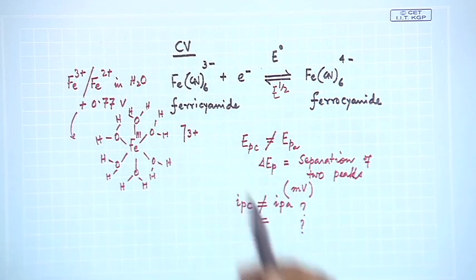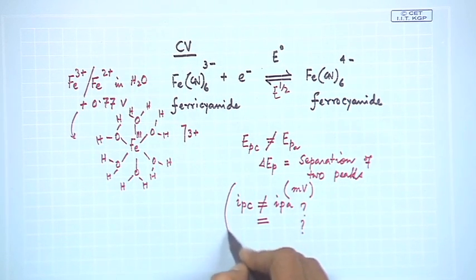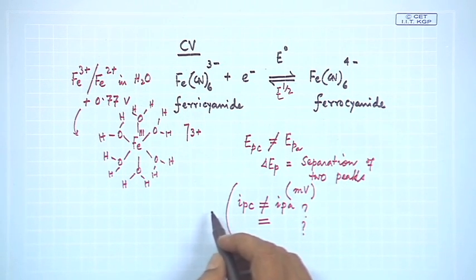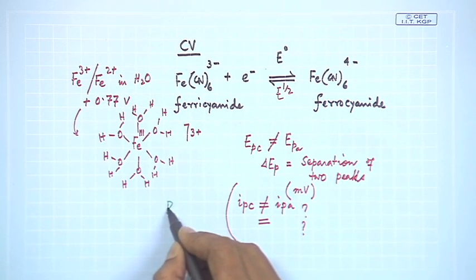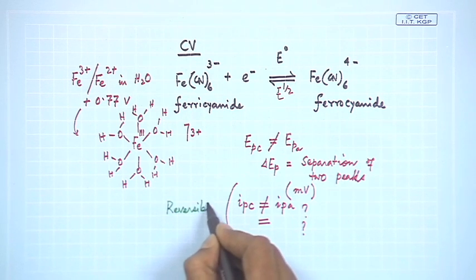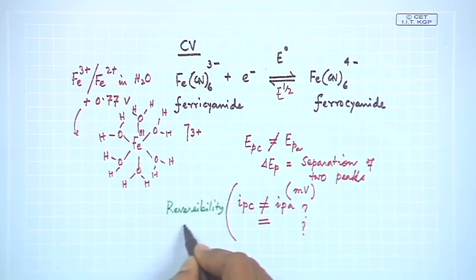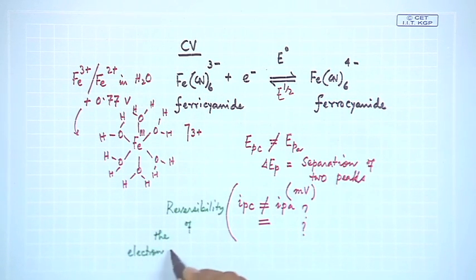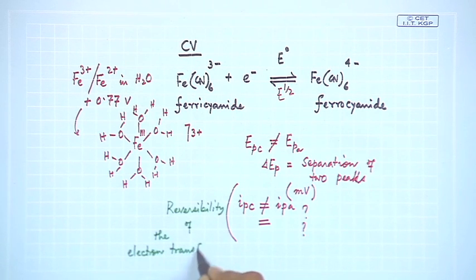And since the process is a cyclic process, we will have some idea over here of the corresponding species which is present on the surface and which is reduced first and then reoxidized back, that is, the reversibility of the electron transfer reaction.